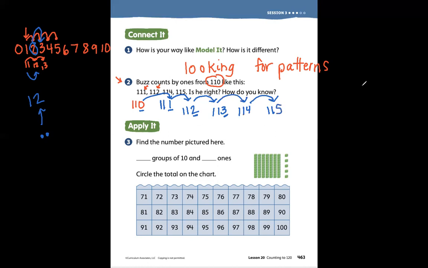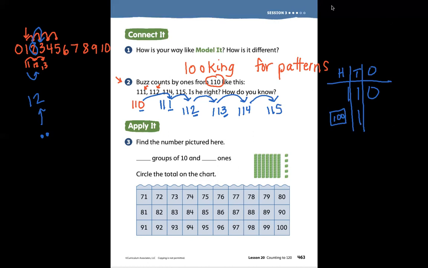Buzz had started with 110. 110 has 3 digits. It has a hundreds place, a tens place, and a ones place. There is one group of 100, one 10 stick, and 0 ones.